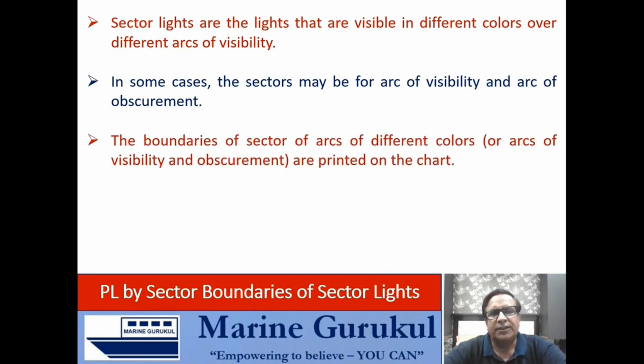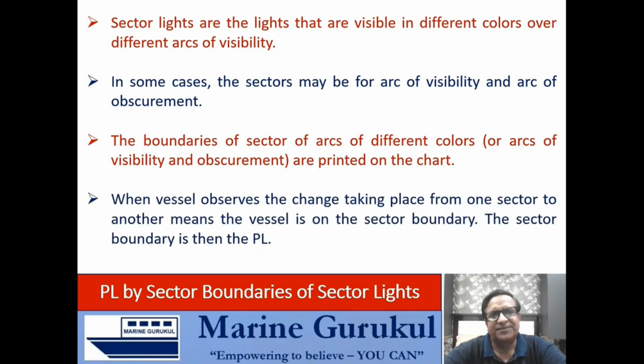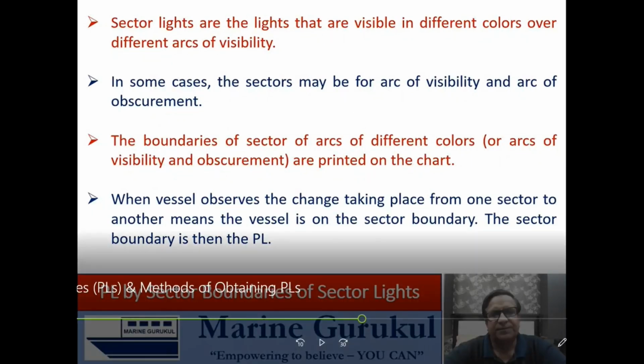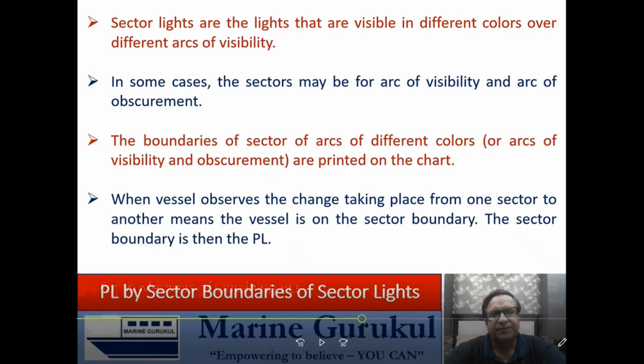The boundaries of the sectors of the arcs of different colors or arcs of visibility and obscurement are printed on the chart. When vessel observes the change taking place from one sector to another, it means the vessel is on the sector boundary. The sector boundary is then the position line of the observer. Anything which is not clear up to here, beta?